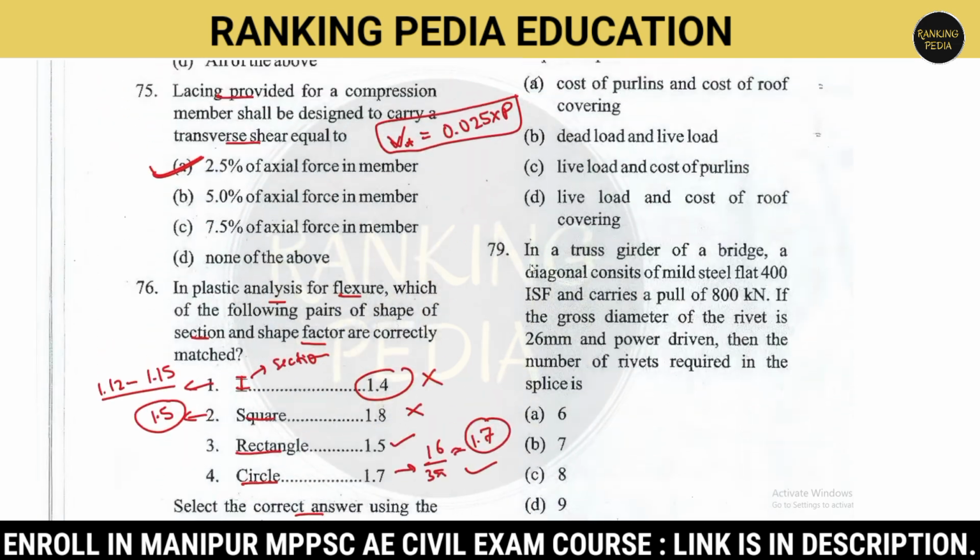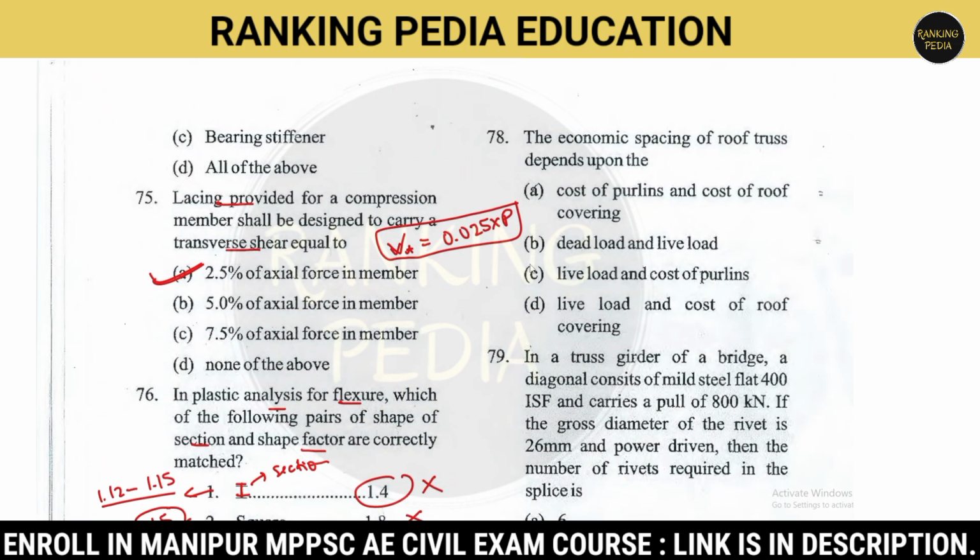Next question is question number 78. The economic spacing of roof truss depends upon, options are: cost of purlins and cost of roof covering; dead load and live load; cost of purlins; or option D, live load and cost of roof covering.